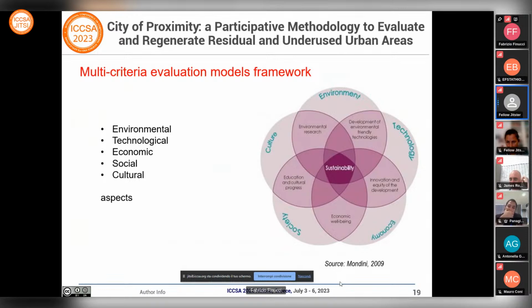To reach the goal of sustainable cities, there are some crucial topics to work on: environmental research, development of environmentally friendly technologies, innovation and equity of the development, economic well-being, and education and cultural progress.